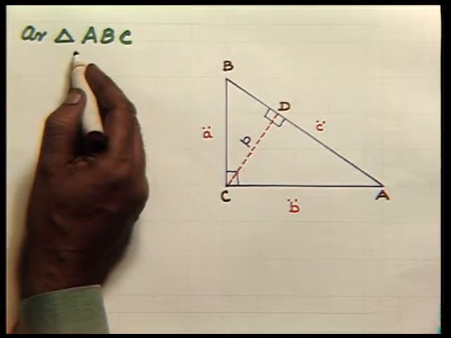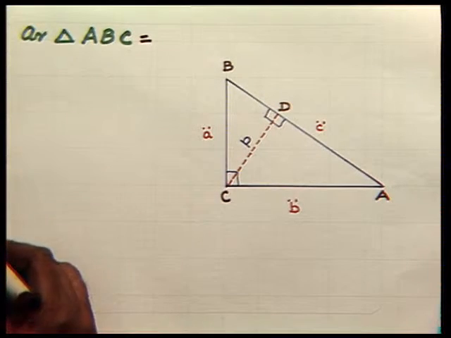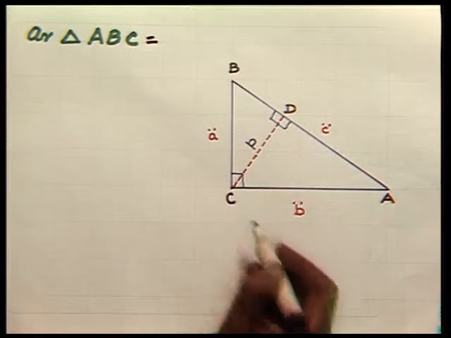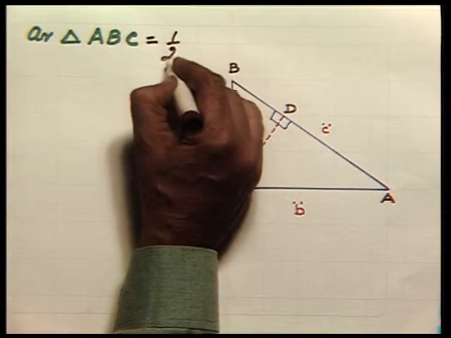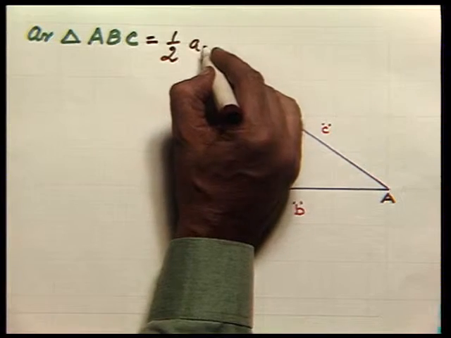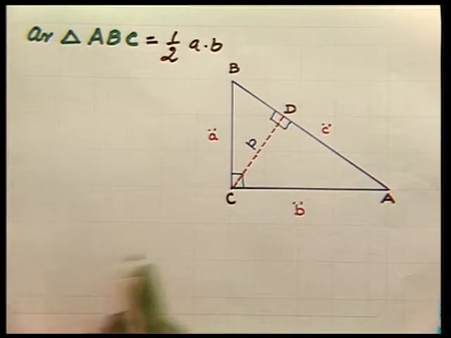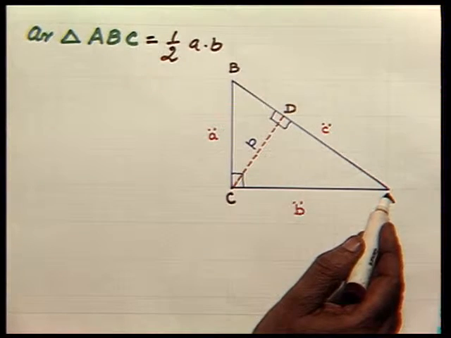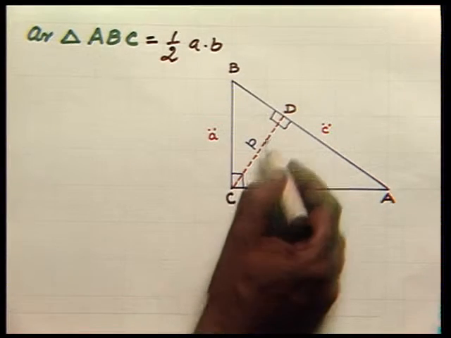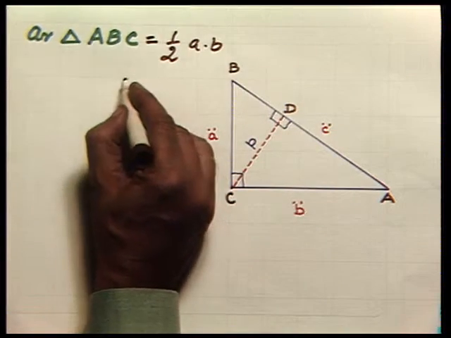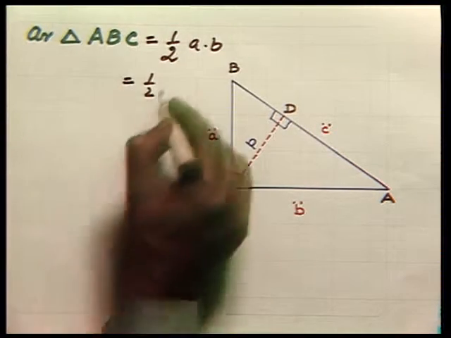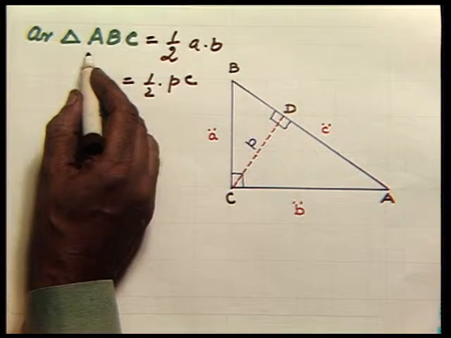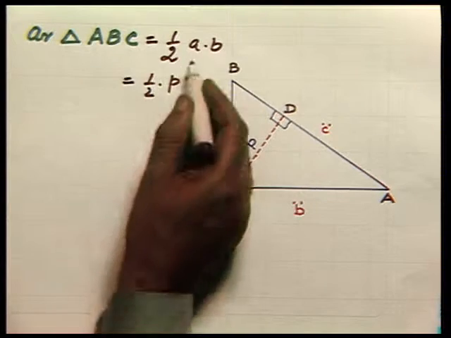Area of triangle ABC is equal to half base into height. If I take this as the base and this as the height, this will be equal to half A into B. But for the same triangle, if I take AB as the base, then the corresponding height is CD, which is equal to P. So, this area can also be written as half into P into C. Now, since the triangle is the same, its area has to be equal in both the cases.